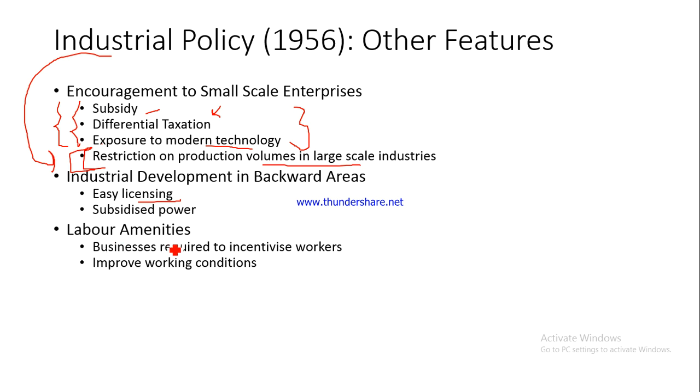Also, it was expected of the businesses to incentivize workers, to provide them incentives for good work, for good performance, for achieving targets. And apart from that, it was also expected that the various enterprises would work to improve the working conditions for their workers.